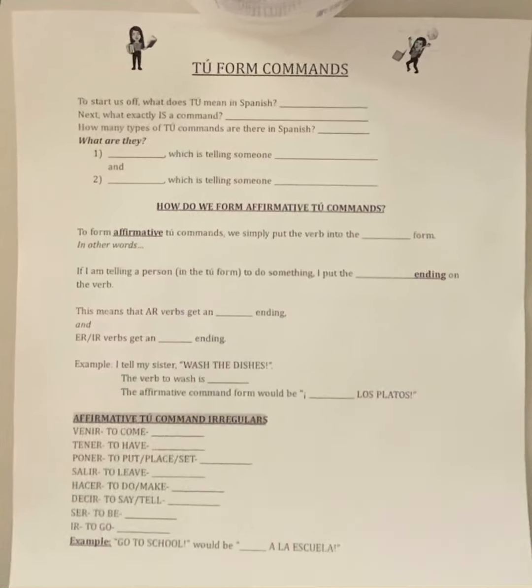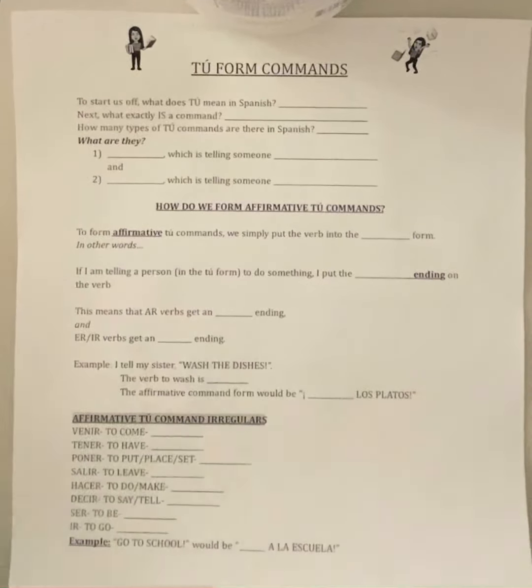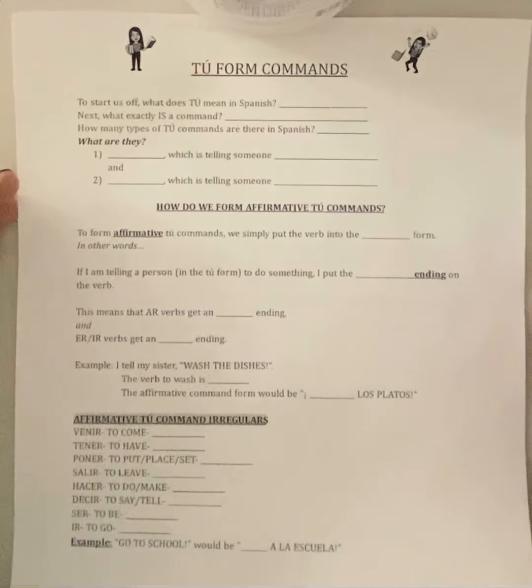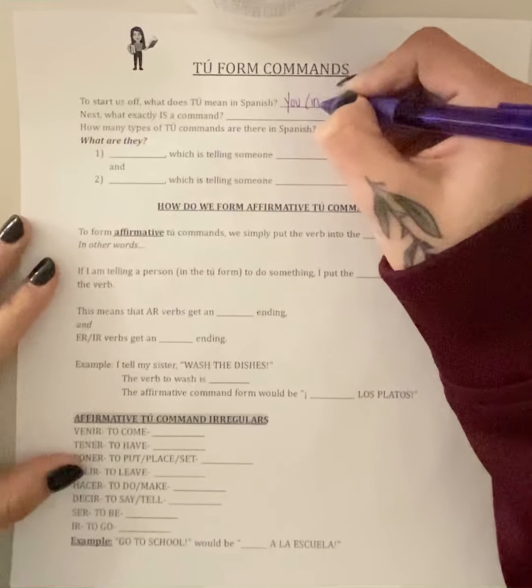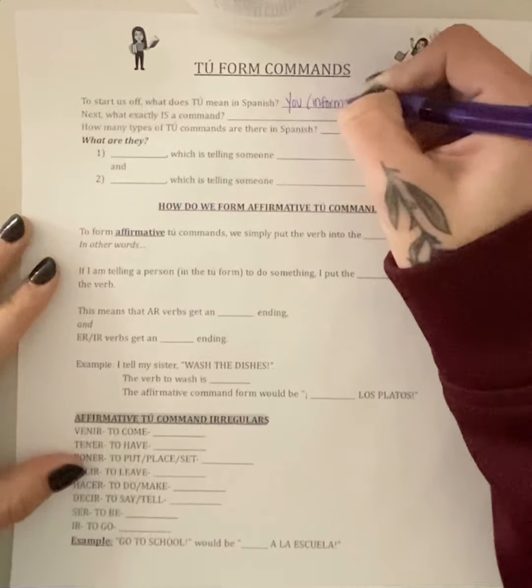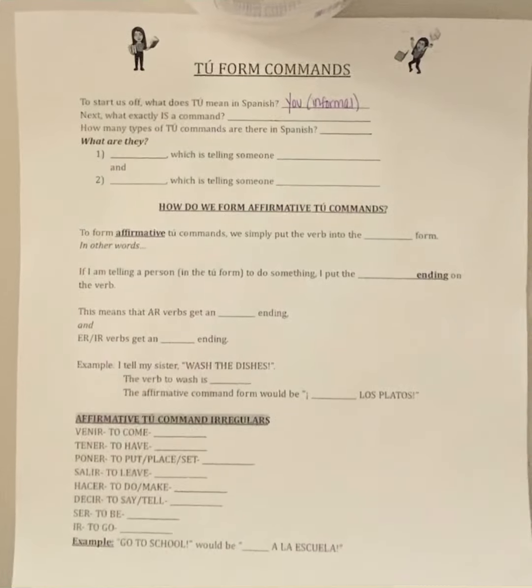This is nothing new for us. This is a subject pronoun, tú, that you should have learned your very first year in Spanish. And we're going to go ahead and fill it in. It means you, informal. Okay, again, tú means you, informal, so you would use the pronoun tú if you were talking to somebody directly that is around your same age, a friend, a cousin, a brother, sister, classmate, or even a pet.